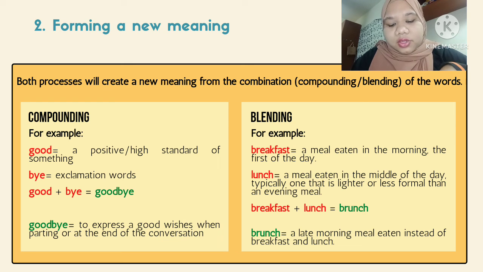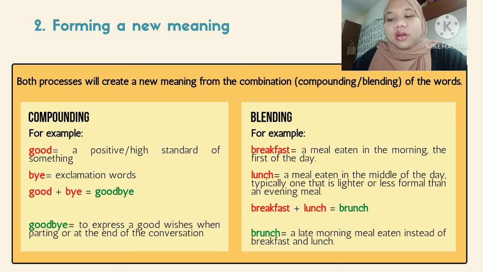When we blend breakfast and lunch together, it becomes brunch, and brunch means a late morning meal eaten instead of breakfast and lunch. So it becomes a new meaning if we combine them together. That is the similarity of both processes: they form a new meaning.